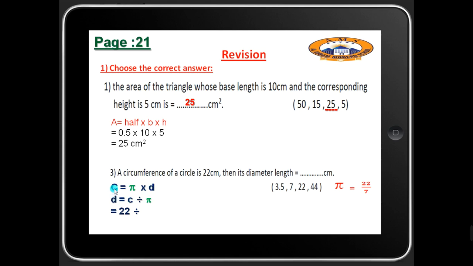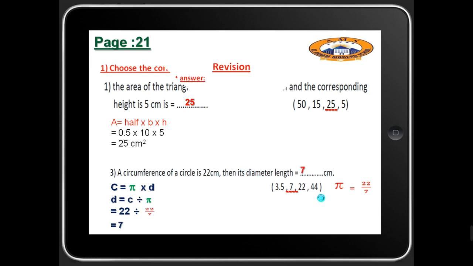So the diameter is going to be c divided by pi. The circumference here is 22, so 22 divided by 22 over 7 will give me 7 centimeters. So the diameter here is going to be 7 centimeters.